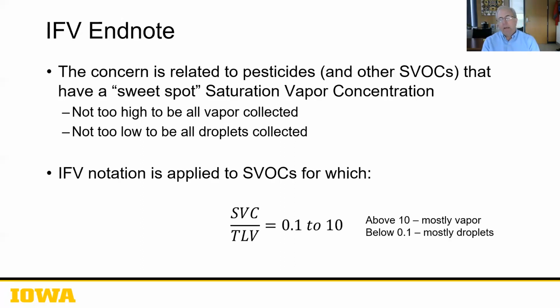So they enumerated it, in terms of their choice as to whether this condition will occur, by utilizing a simple ratio of the saturation vapor concentration to the TLV concentration within these two orders of magnitude, between 0.1 and 10. And so again, a really high SVC, as I just discussed, getting above 10, you're going to be mostly vapor, and below 0.1, you're going to be mostly droplets. So this is how the end note was designated to a particular compound type.